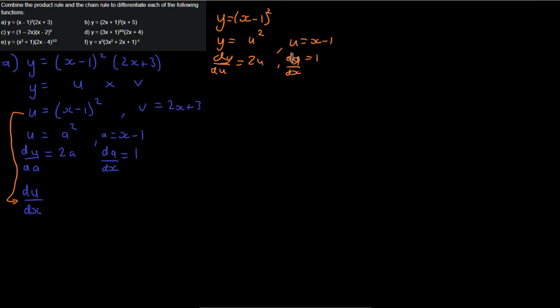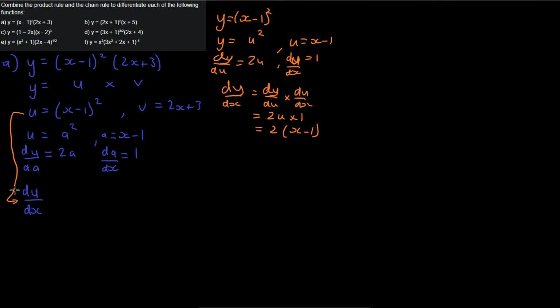Then we can say dy/dx is equal to dy/du times du/dx, which is 2u times 1, which is 2 open bracket x minus 1. Now we could expand that, but that's enough for now. So we've just applied the chain rule within the product rule. And quite often you'll see that if you've got a power attached to one of your brackets.